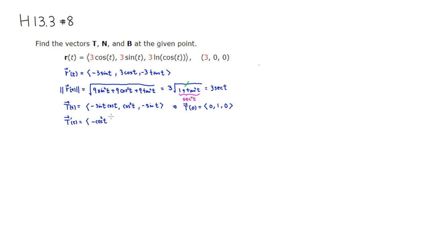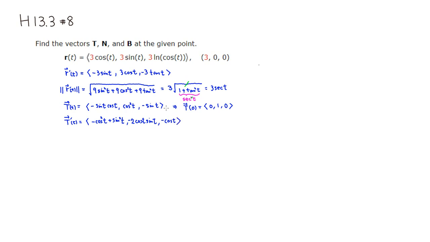And negative sine of t times the derivative of cosine is another negative sine, so it's going to be plus sine squared of t. And the derivative of cosine squared would be 2 cosine of t times the derivative of cosine, which is negative sine, so negative sine of t. And the last one is the derivative of negative sine, which is negative cosine of t.